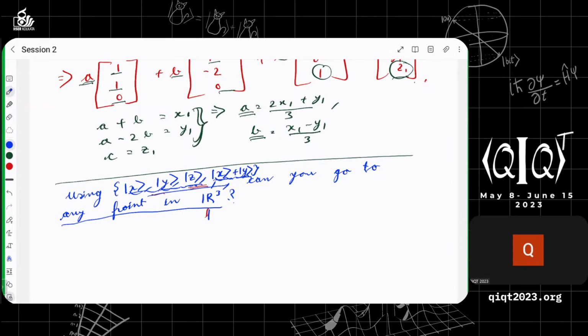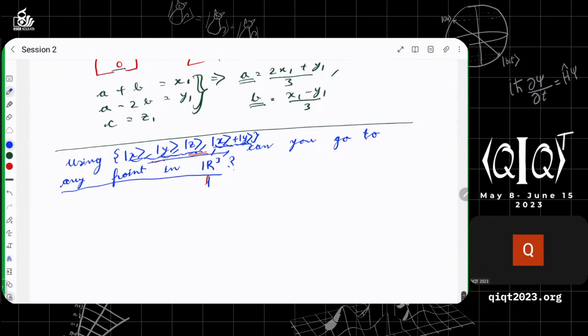If I just want to express every vector in terms of these 4 vectors, let's maybe take an example here for that.